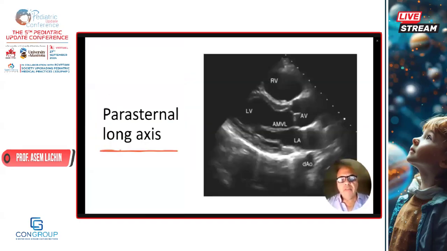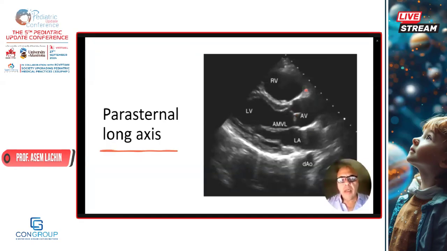So this is a very common and well-known parasternal long axis view, starting from the left atrium, followed by the mitral valve, then the left ventricle, and the most anterior is the right ventricle. And here we can see the left ventricular outflow tract with the aortic valve and the ascending aorta in this part.